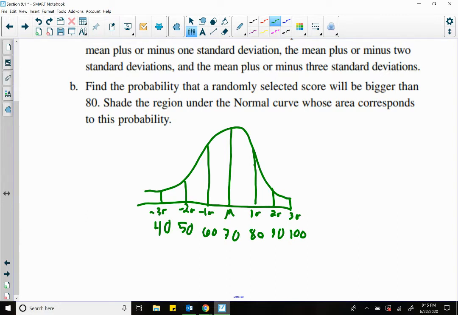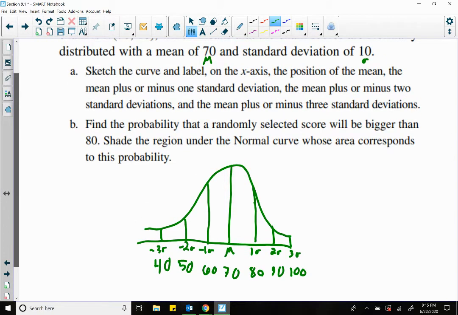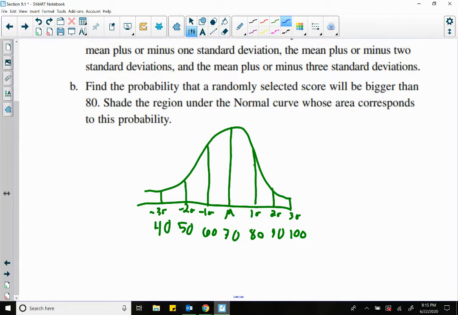In part B, they'll actually have you sketch a curve and shade the curve. They're going to be looking for that. So they're actually looking for, what is this probability that's all up here?